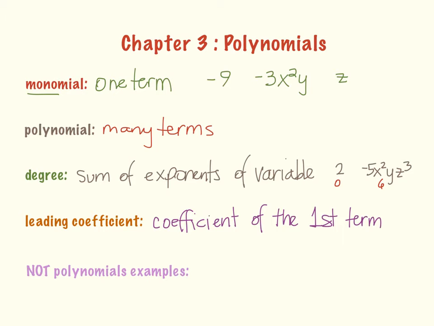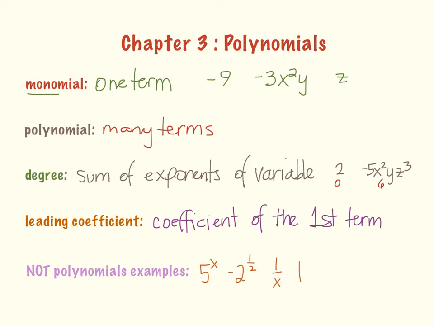There are some things that are definitely not polynomials. So examples of non-polynomials would be having an x in the numerator, having a fraction in the numerator, having an x in the denominator.